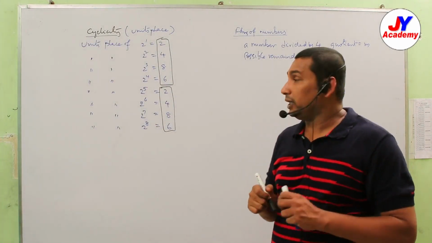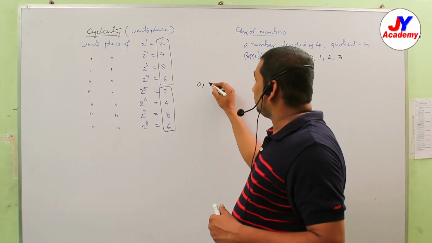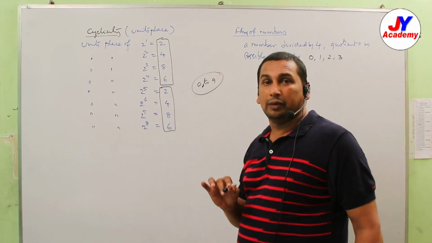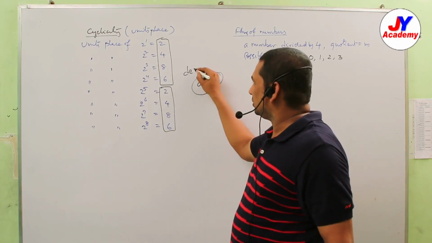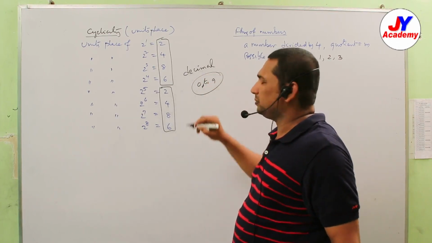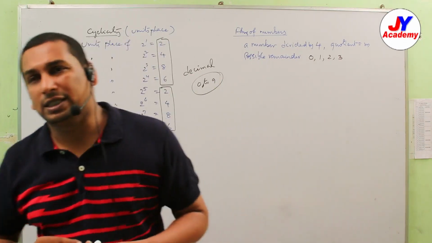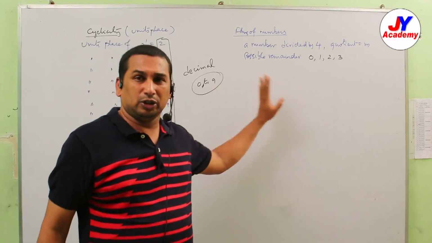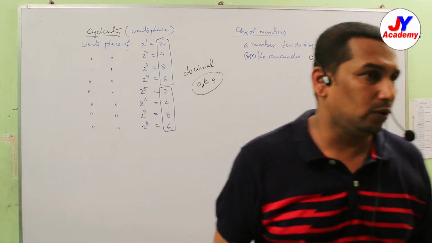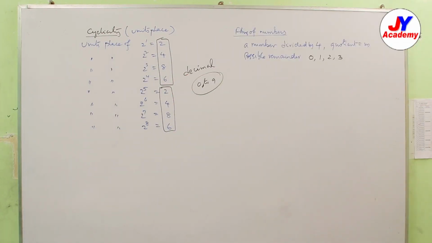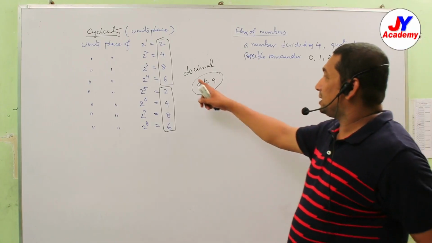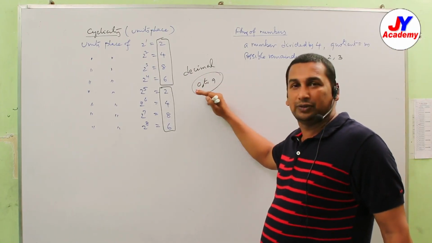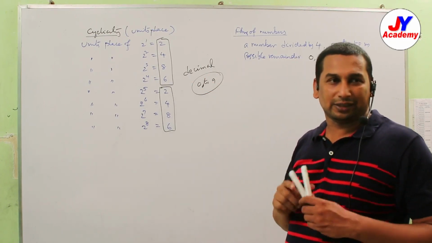Why should we use the digits from 0 to 9 only while writing numbers in the decimal system? So what we are using is the decimal system. Why should we use the digits from 0 to 9 only?